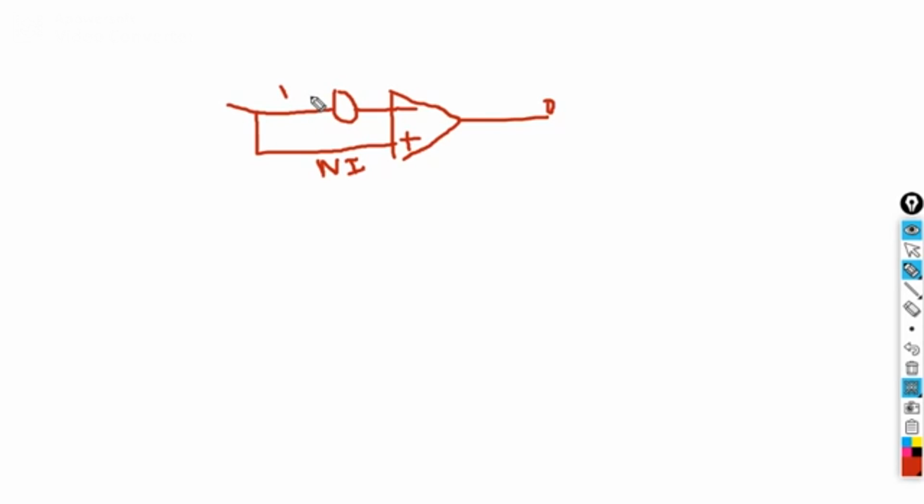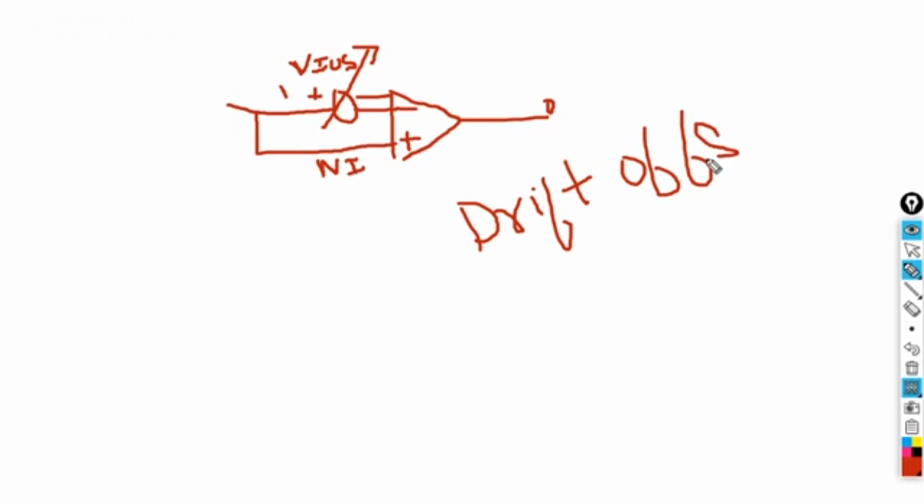I will add a correction voltage, whether plus or minus depending on the case. This voltage source I will call VIOS. When I vary this, I vary it to make the output equal to 0, and normally this voltage is called the drift or offset. So these are the important parameters of our operational amplifier.